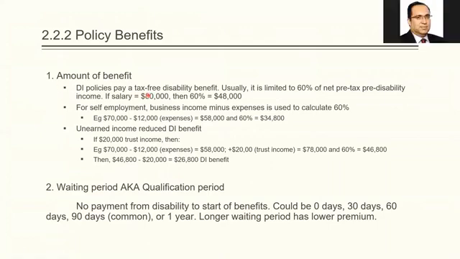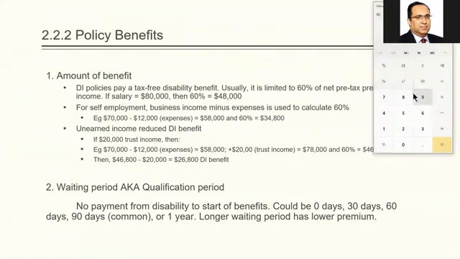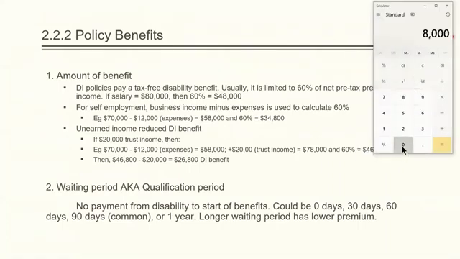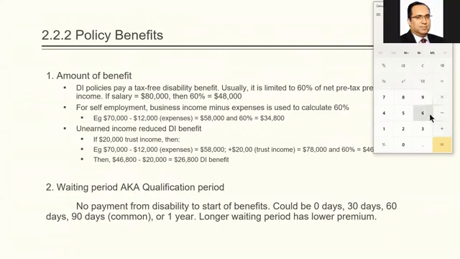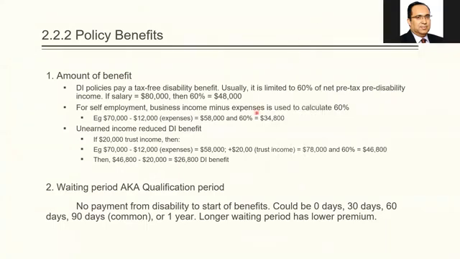So if the salary is 80,000, we calculate 60% of that. On your calculator, you can do 80,000 times 60%, and that will give you $48,000. So 60% is how much they'll be covered. If you divide it by 12, it will be $4,000 monthly.